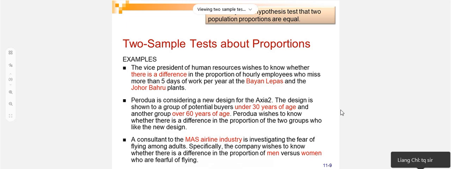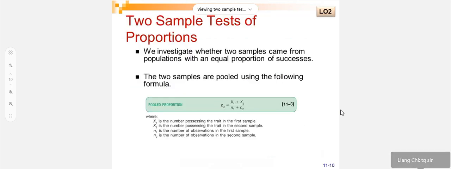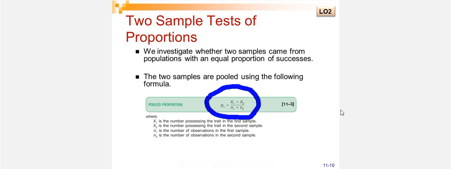Okay, now we move to the next slide. Now we want to know how to do the sample test on proportion. So we have the pooled proportion, they call PC. Using this formula, PC, the pooled proportion, equals the number in group 1 plus the number in group 2, divided by n1 plus n2, that means the sample of group 1 and the sample of group 2.